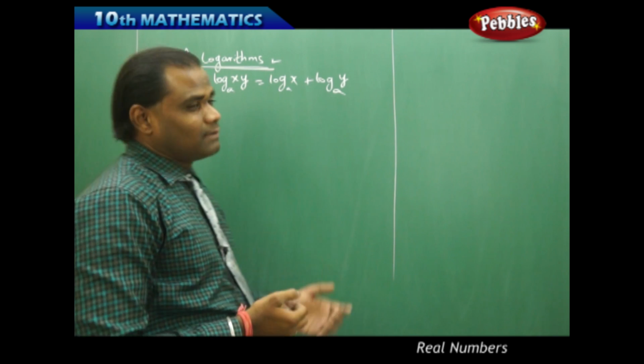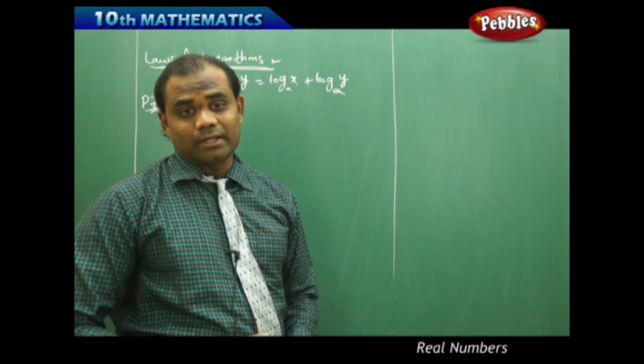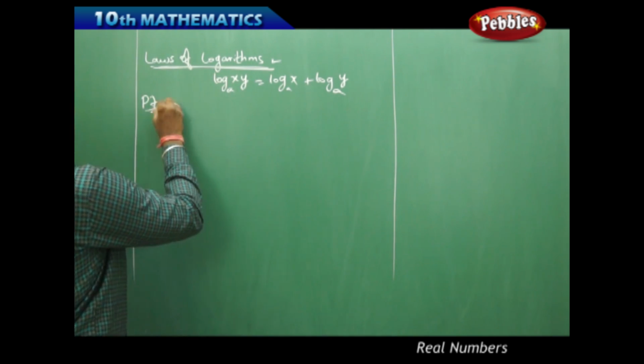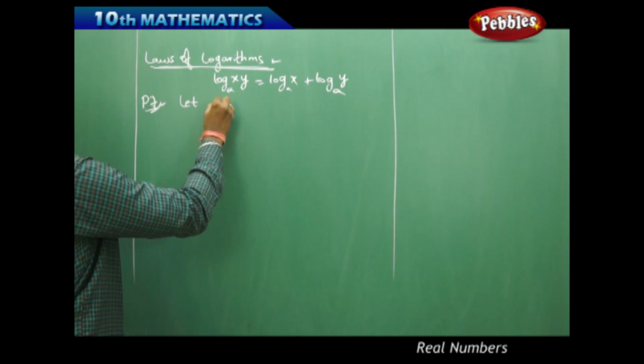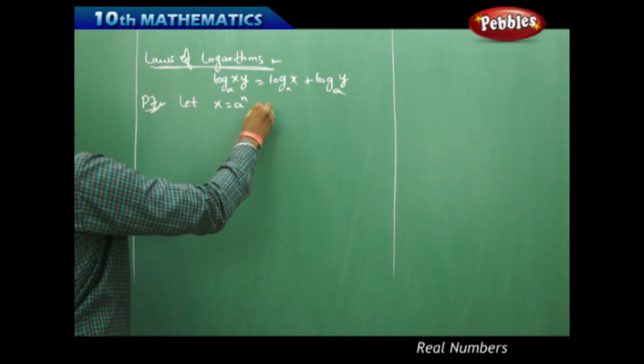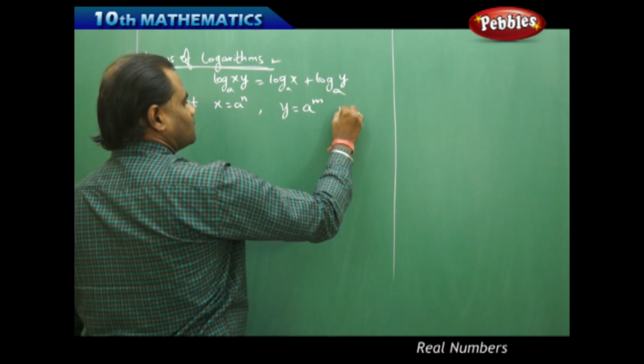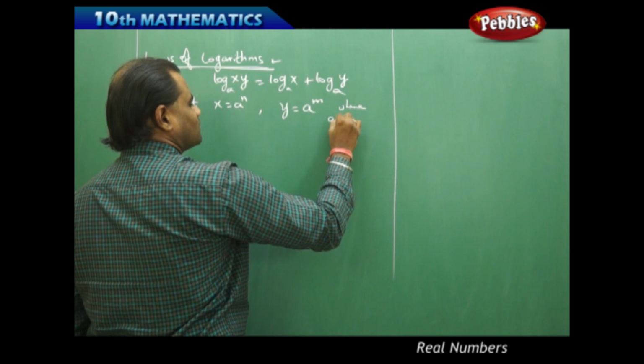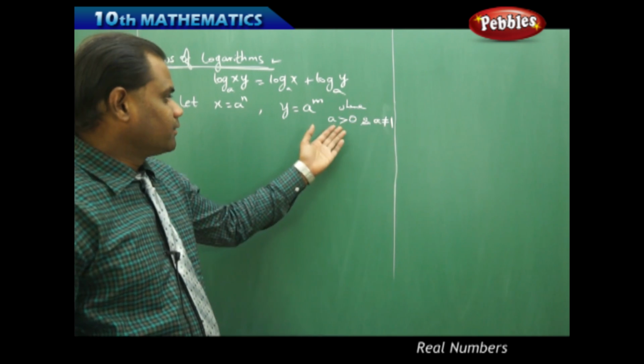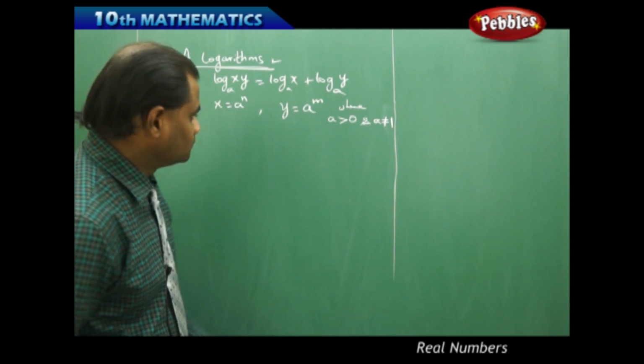Now, because x and y are given, let me take x and y in the exponential form. So let x equal a power n and y equal a power m, where a is greater than 0 and a not equal to 1.